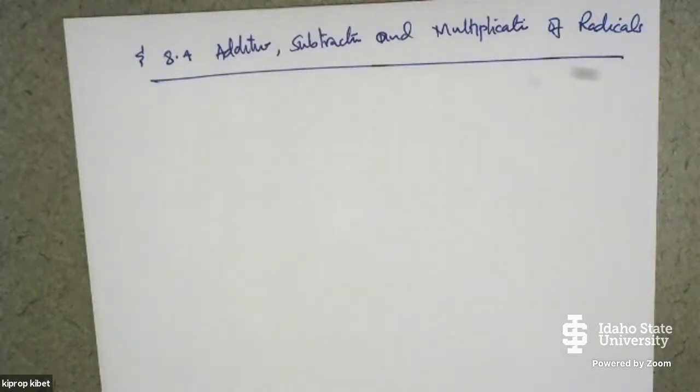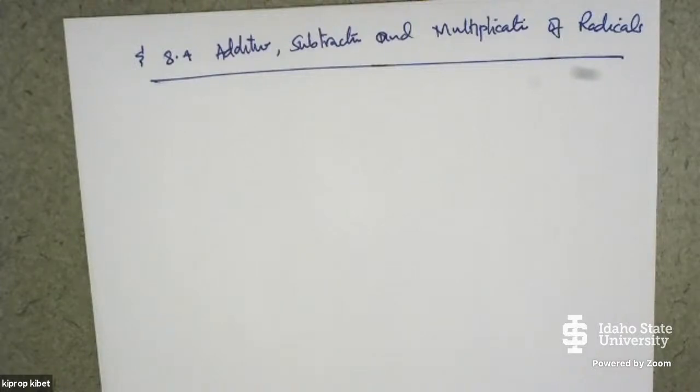So before you add or subtract any radicals, you need to make sure that the radicals are the same. They should have the same radicals, or the same index if you convert to exponential form.